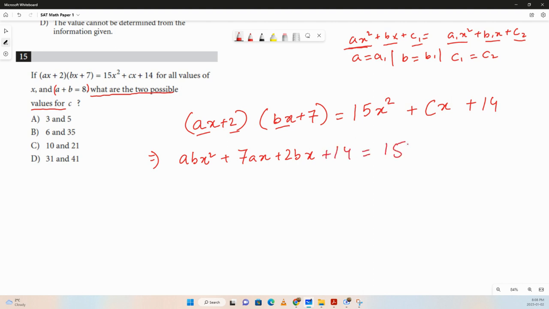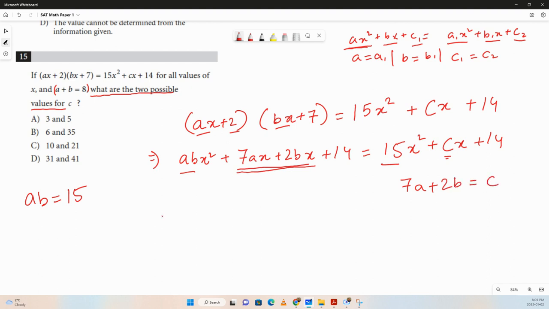That is equal to 15x square plus cx plus 14, right? So 15 must be equal to ab. We write ab equals 15. And comparing the coefficient of x, 7a plus 2b must be equal to c.